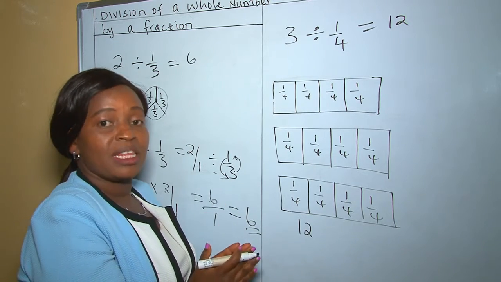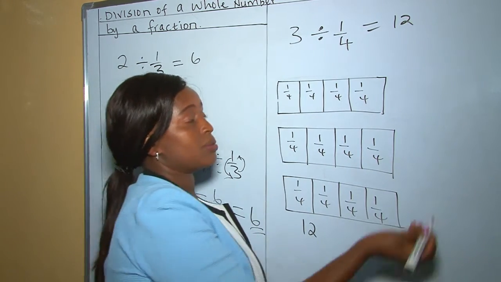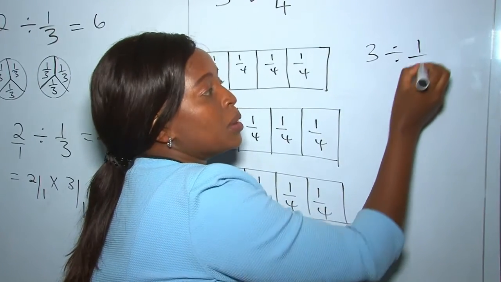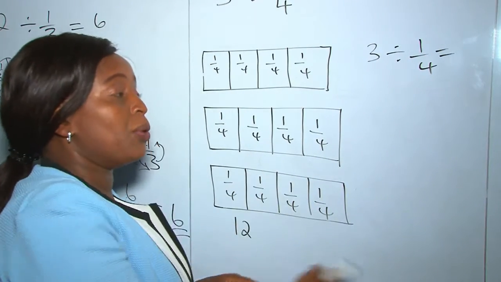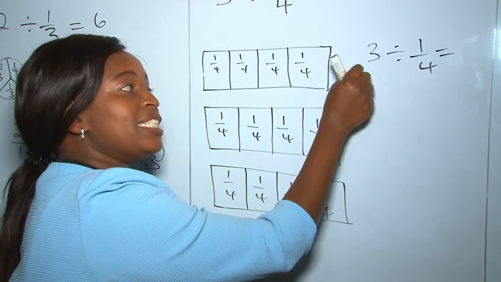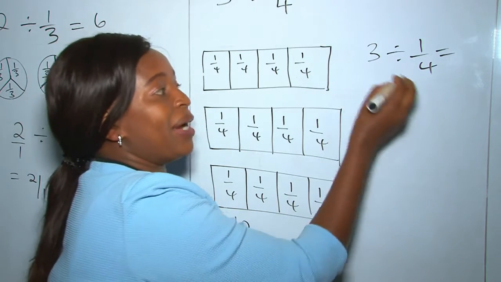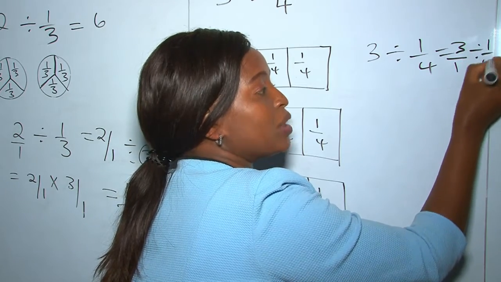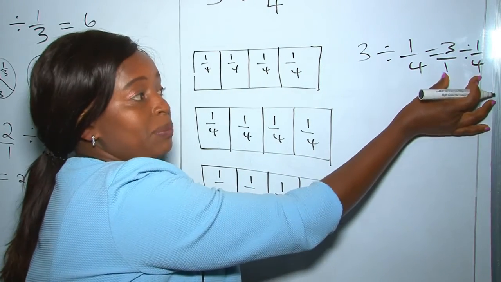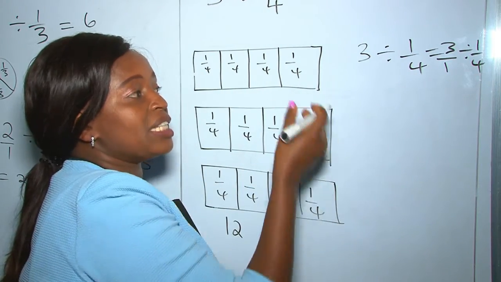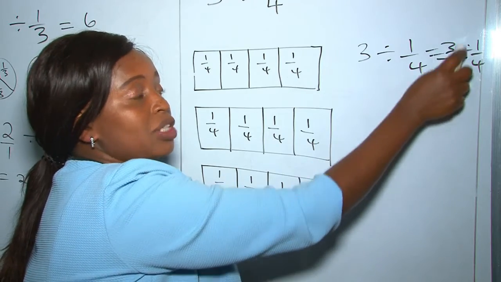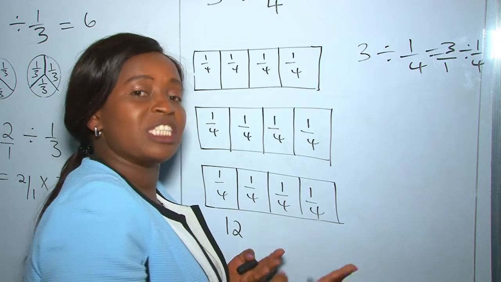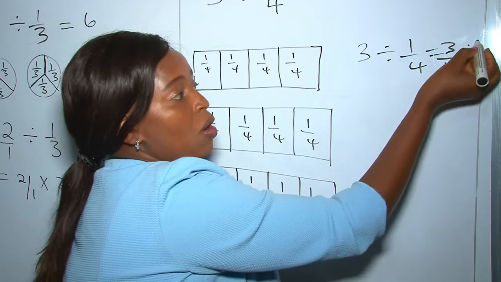Now let's use the mathematical formula approach. The first step, remember this is a whole number, we change the whole number into a fraction by dividing by 1. So it shall be 3 over 1 divided by a quarter. After the first step, the second step is changing the second fraction. This is our first fraction and this is our second fraction. So let's change our second fraction into its reciprocal. How do we get the reciprocal of 1 over 4?